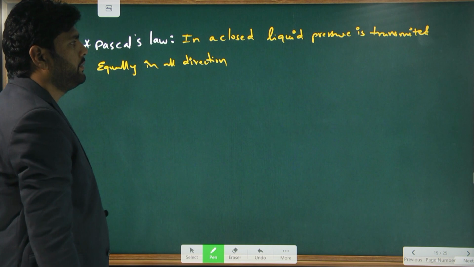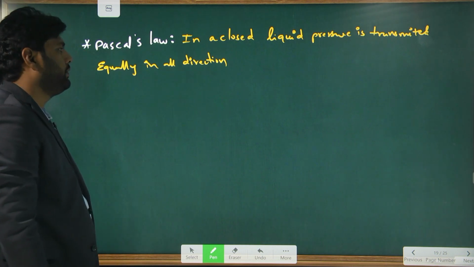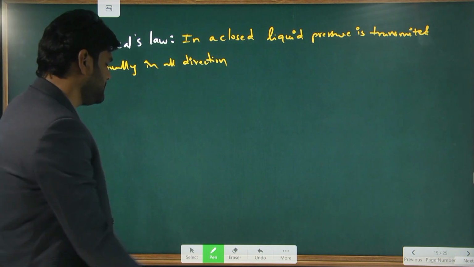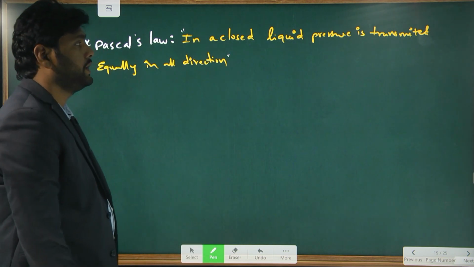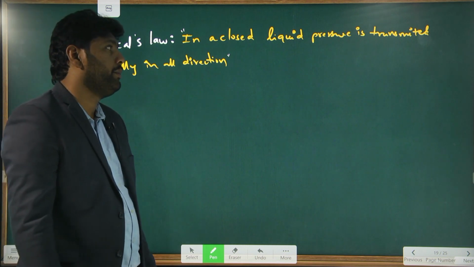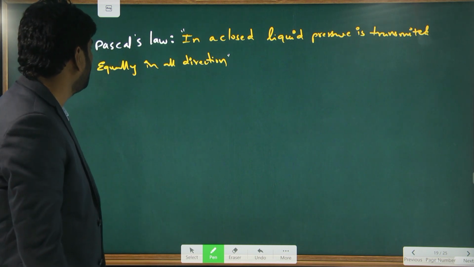In a closed liquid, pressure is transmitted equally in all directions. This is the statement of what? Pascal's law. So in a closed static liquid, pressure is transmitted equally in all directions.